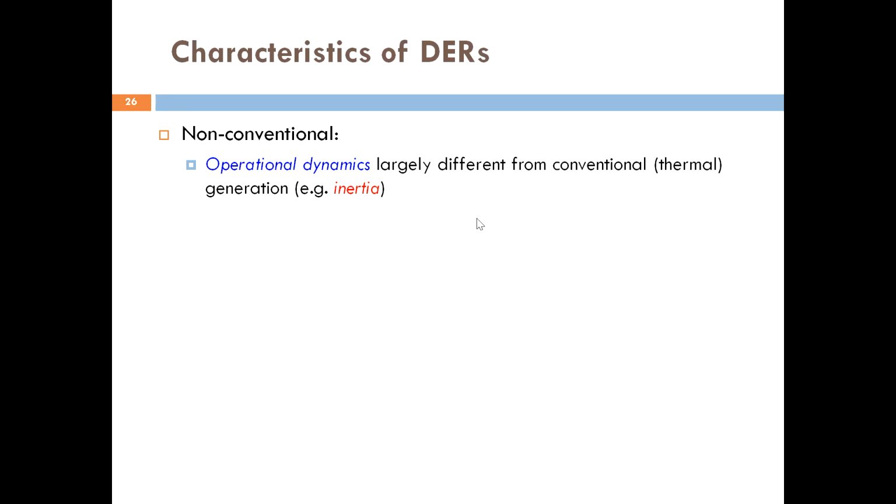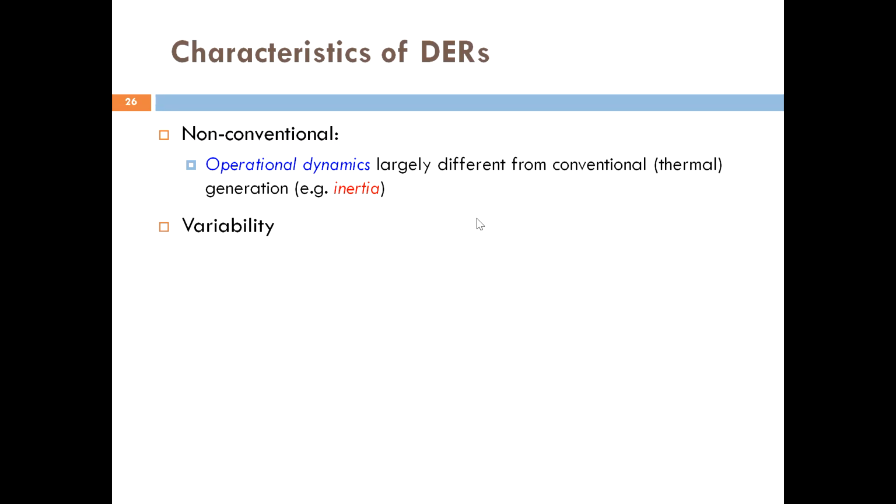I do not know how many of you are familiar with this concept, but inertia is a very important characteristic that affects the operational dynamics of the electric power system. And all I can say here is that most distributed energy resources do not have the inertia that we find in the traditional power generation, and that obviously does affect the operational dynamics.